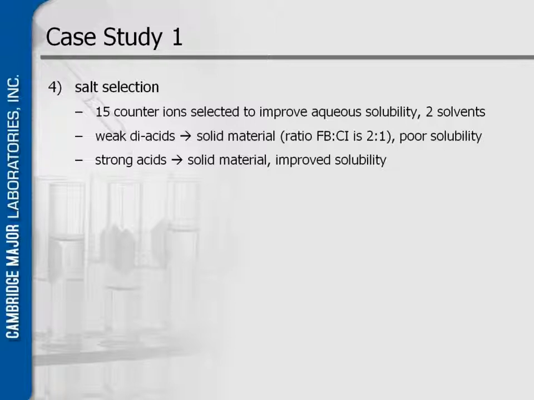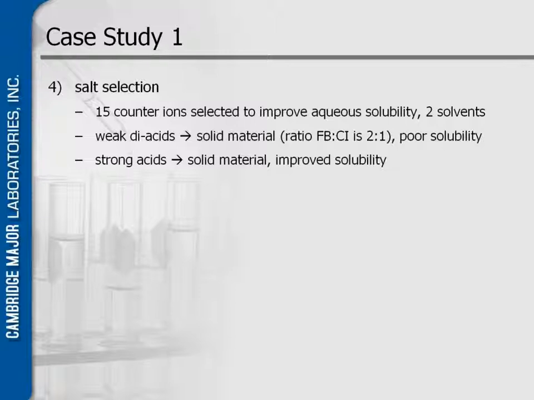We had two different solvents to produce. What we saw was that some weak diacids made solid material that was not very crystalline, and it showed poor solubility, even worse than the freebase itself.